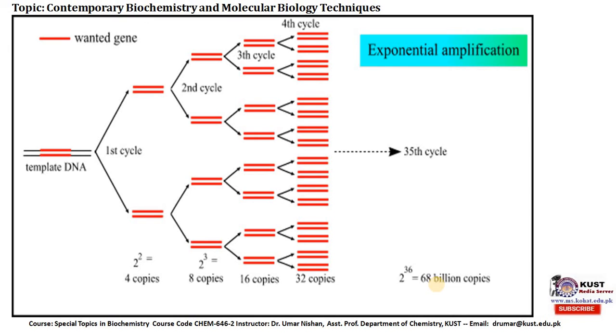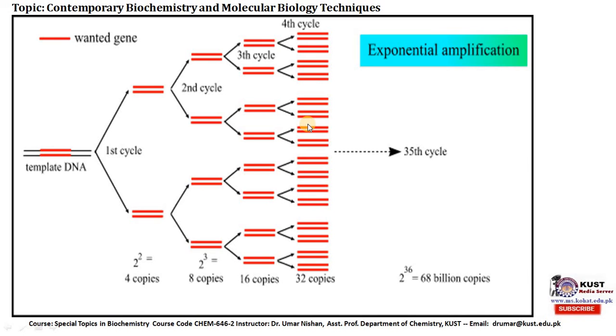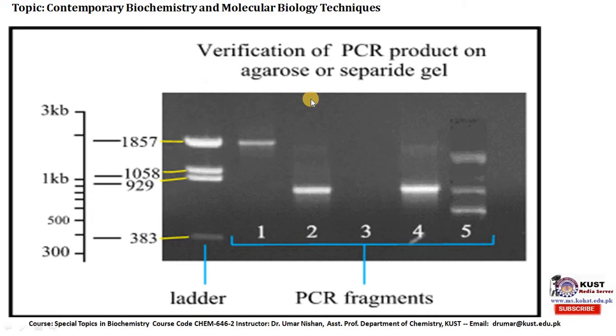So this is how so many copies of DNA are produced. Now once the process of PCR is completed, the size of the DNA or the confirmation of the reaction can be done through the help of gel electrophoresis.